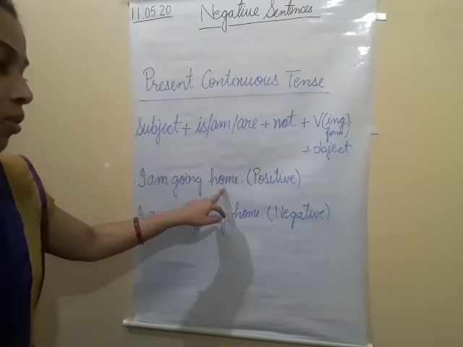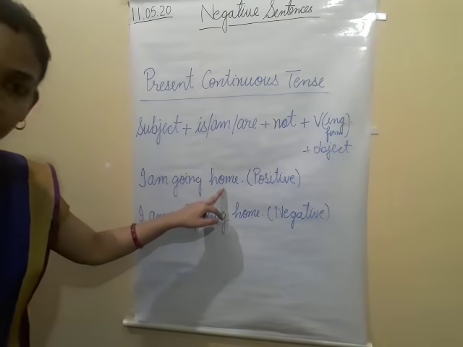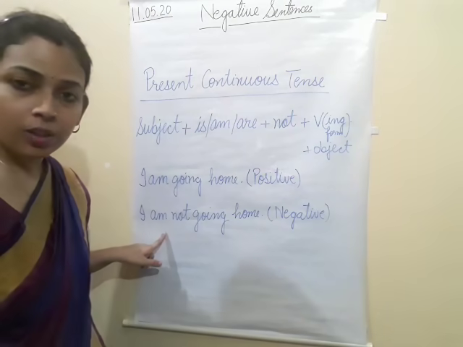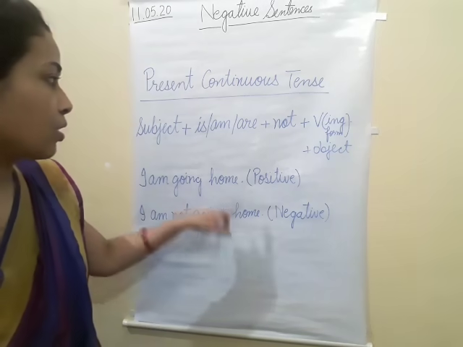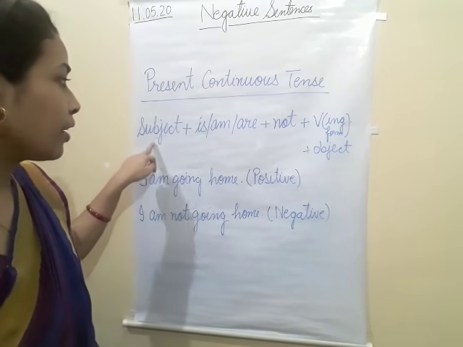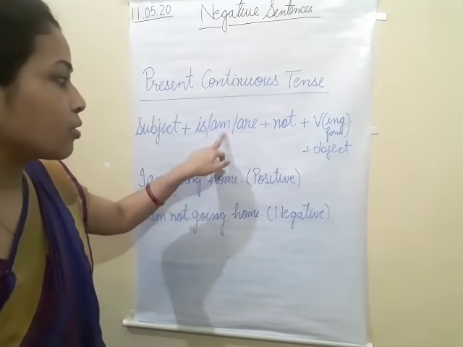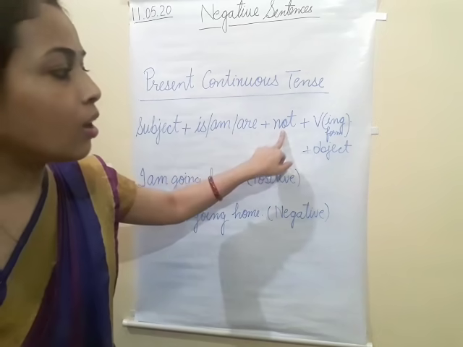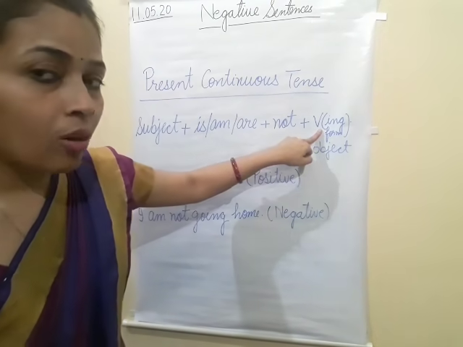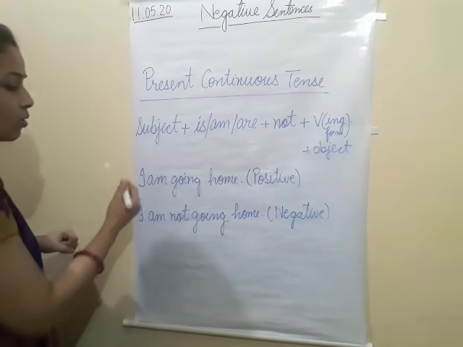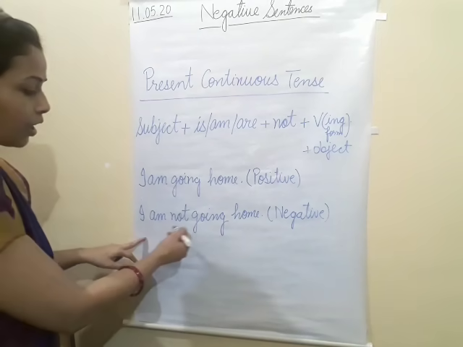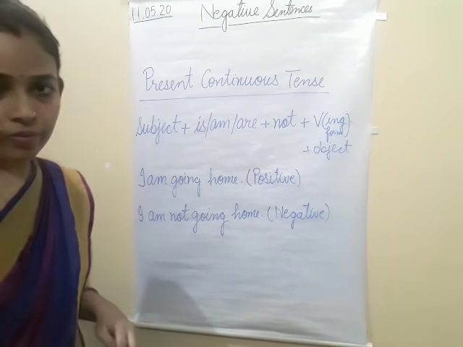So, I am going home. When we change it into negative, it will be I am not going home. According to the structure, according to the subject I have used am, then not, ing form, going, then object, home. I am not going home.